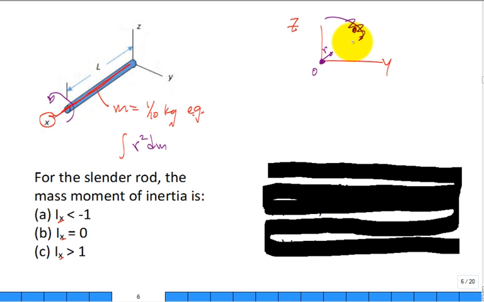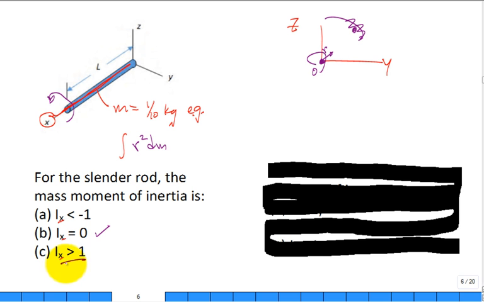Mass that's right close to the origin and you're trying to spin it up around the origin, guess what? Doesn't take anything. If it's all at a dot, centrally located, it's close to zero. It can have a very small mass moment of inertia, and this would be a case of one where it's very small.